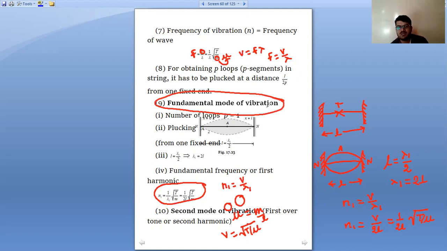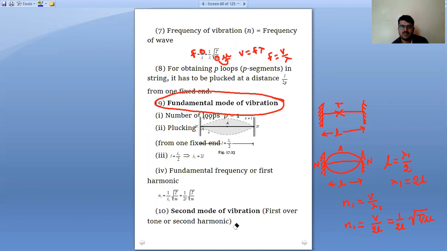So note down this fundamental mode of vibration. Here L is equal to lambda 1 by 2, node is forming here, antinode is here, and you are getting these values: N1 is equal to 1 by 2L under root T by mu. This part is not necessary. Okay, clear? Understood? Okay, so next.